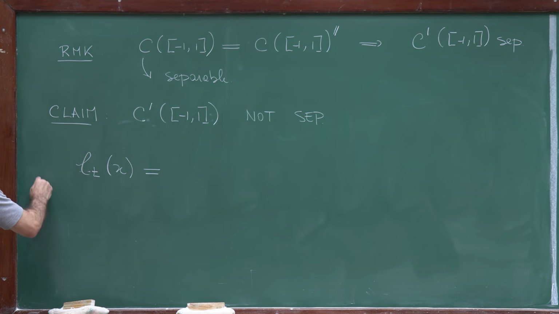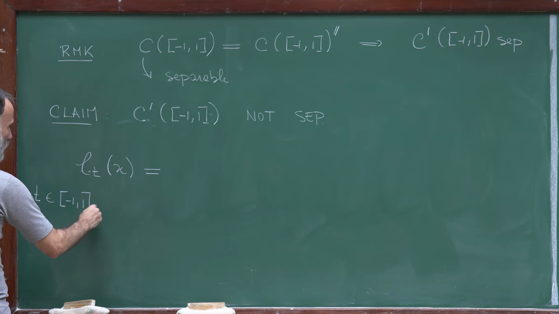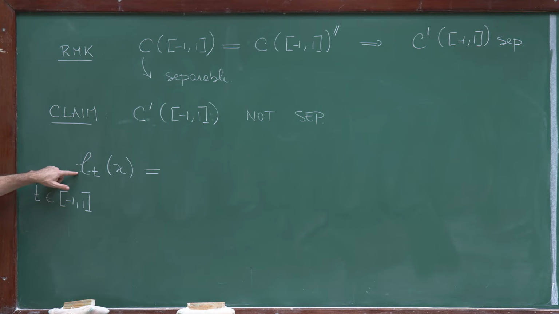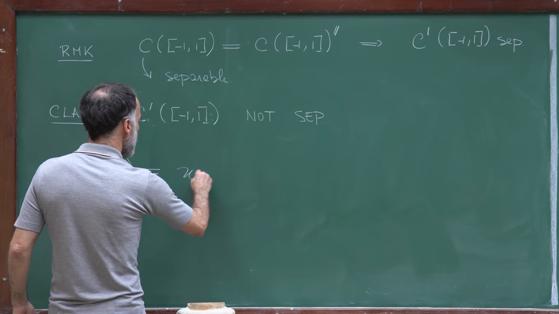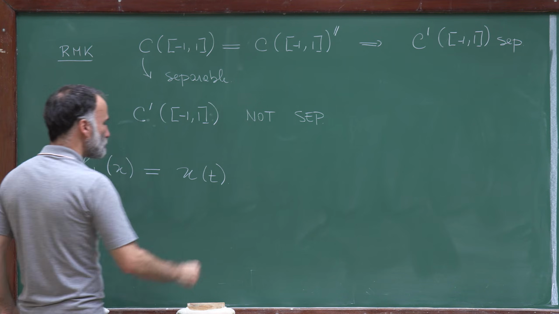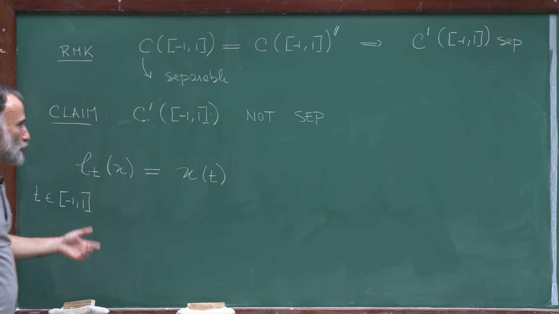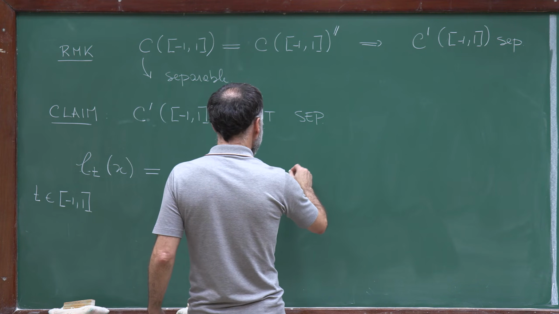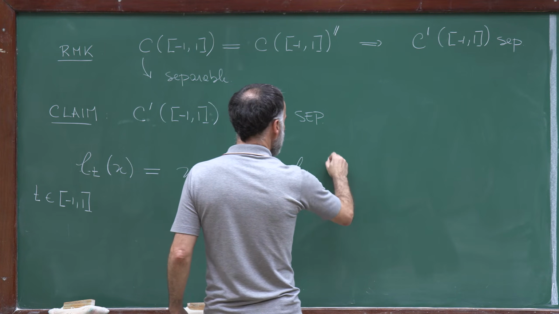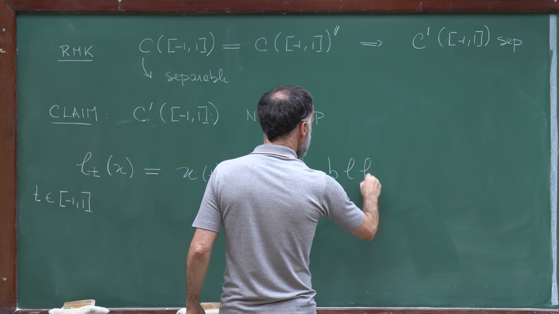I fix t in [-1, 1], and I want to define a bounded linear functional L indexed by t. Well, L_t at x is simply x computed at t. So I leave it to you to show that L_t is a bounded linear functional.